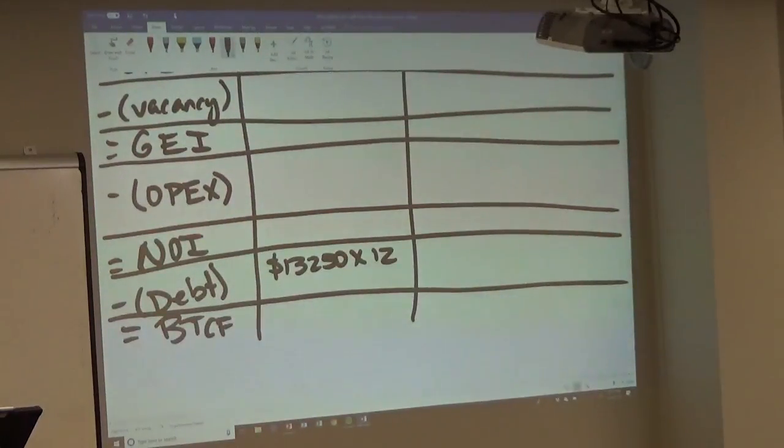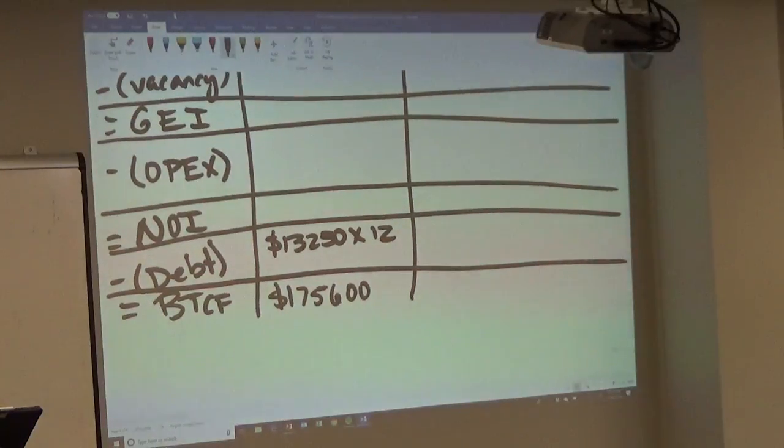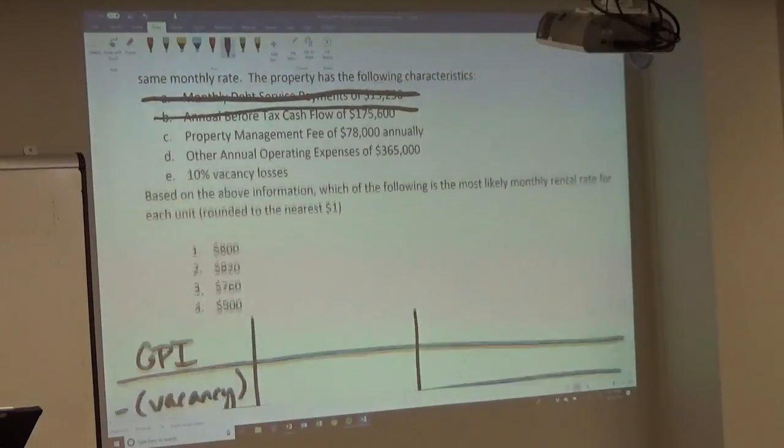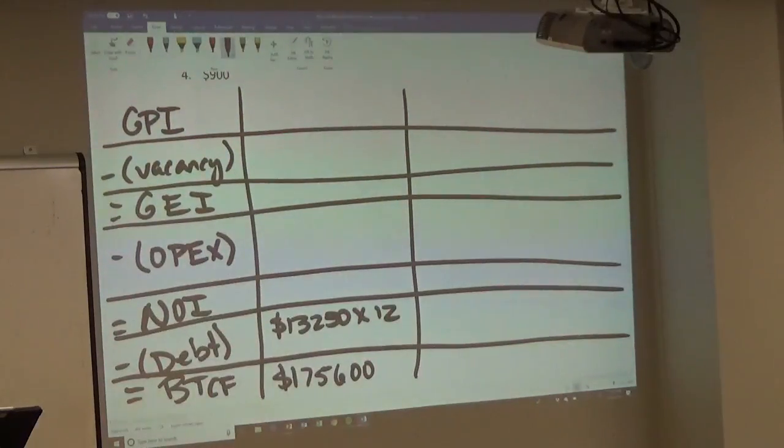So again, we just come down here. $175,600. Property management fee of $78,000 annually. Well, that's an operating expense. So $78,000 goes here in our operating expense line for the management fee.